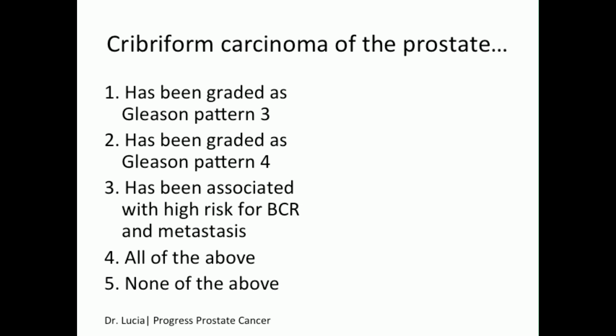Cribriform carcinoma of the prostate has been graded as Gleason pattern 3, has been graded as Gleason pattern 4, has been associated with a high risk of biochemical recurrence and metastasis, or all of the above, or none of the above. So 1 through 5. So cue in what your answer is, and we'll summate that in just a few moments.